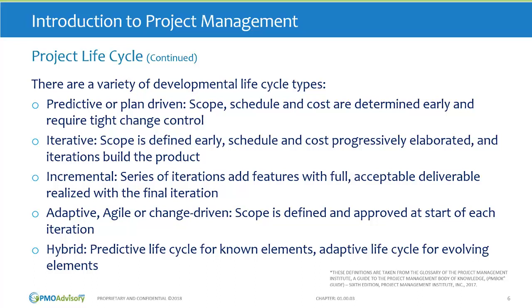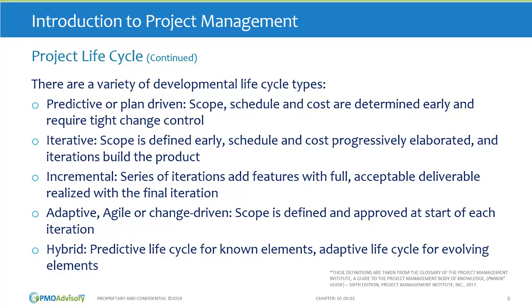The first is called predictive or plan-driven. In this case, it's possible at the very beginning of the project to define in detail the scope, schedule, and cost requirements. What's more, each of these characteristics must require tight control during the execution.